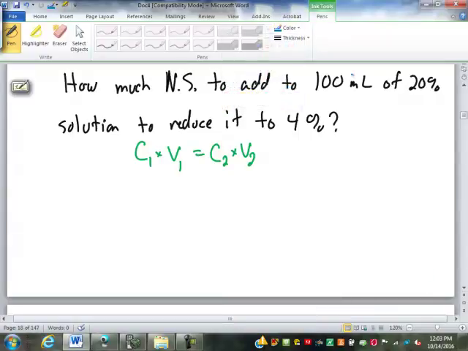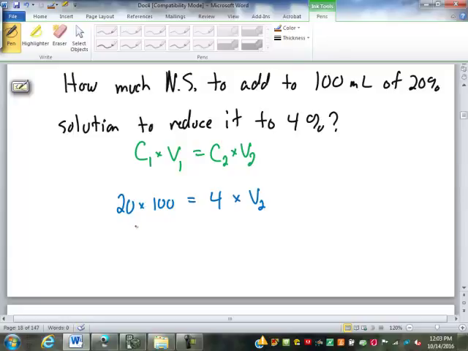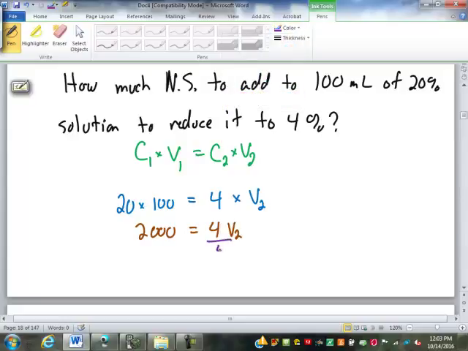So we start off with, we know we have 20% times 100 milliliters. That's going to equal 4% times whatever our new volume is. So 20 times 100 is 2,000. It's 4 times V2. And we will divide by 4.